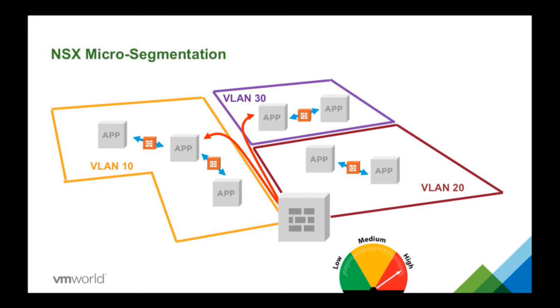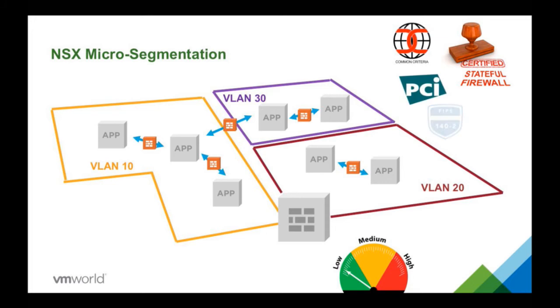My perimeter firewall should be handling the north-south traffic, not the east-west traffic, right? And it's important to know that NSX is a certified stateful firewall. It's not a stateless firewall like an access list of a switch, for example.